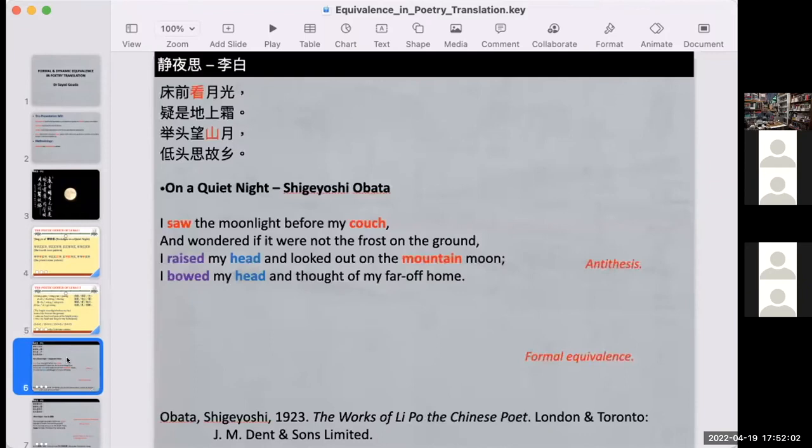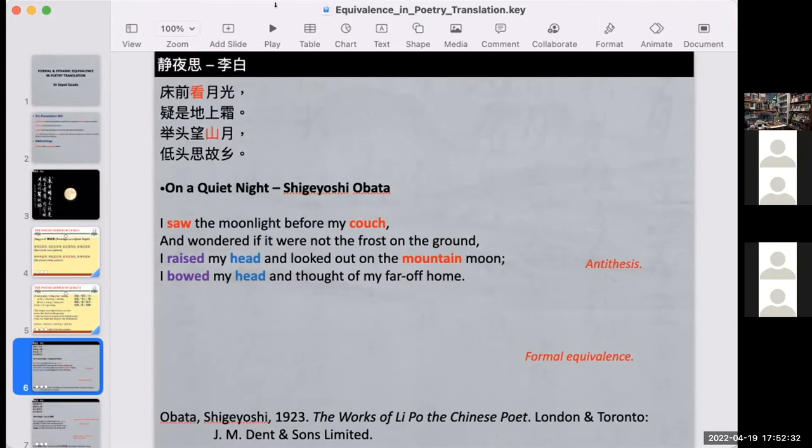Let's have some different versions of how different translators translated this poem, because this poem has been translated maybe hundreds of times, right? And everyone used his own technique and his own way of translating it. Some of them tried to use dynamic equivalence, some tried to use formal, and some tried to use both formal and dynamic.